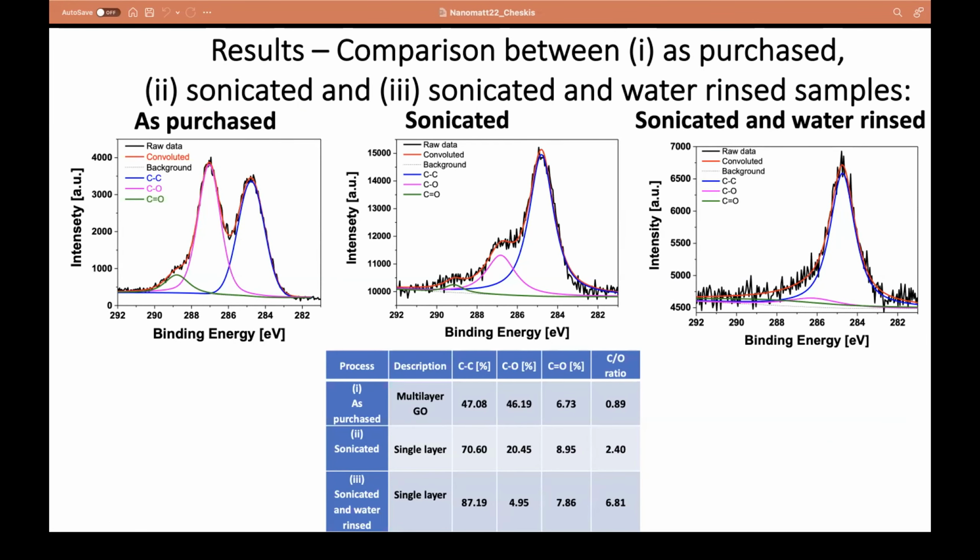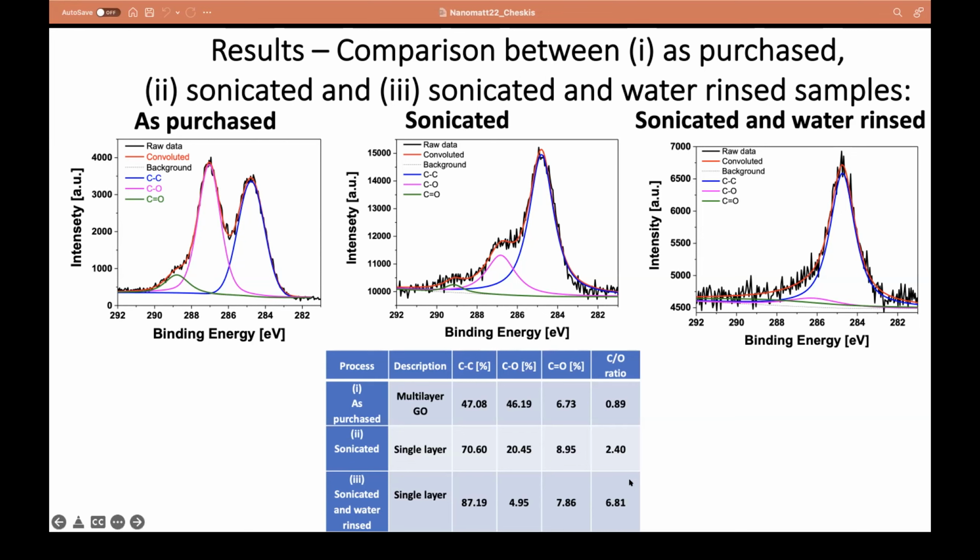So we compared different XPS measurements: the first one with the purchased, actually the original solution, the second after only sonication, and the third with sonication and water rinsing.